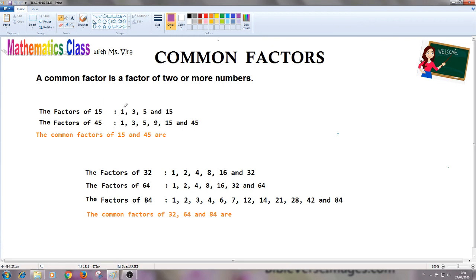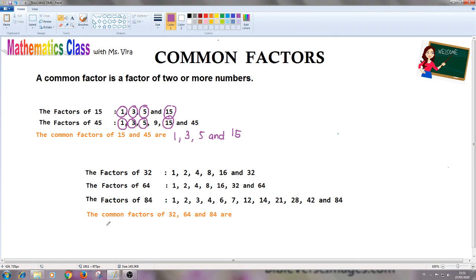So here 1, 3, 5, and 15. Now you notice those numbers are factors of 15 and also factors of 45. So the common factors of 15 and 45 are 1, 3, 5, and 15.